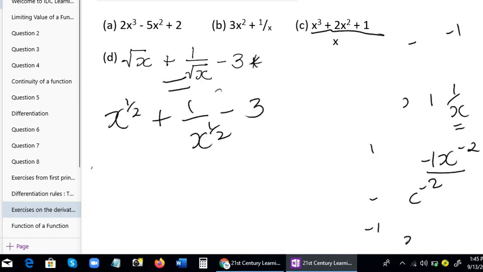I've made it easy for you, right? You can now differentiate. So don't forget that I can also rewrite this as x to the power 1 over 2 plus x to the power minus 1 over 2, minus 3. So differentiate this, okay? I'll let you complete this yourself.